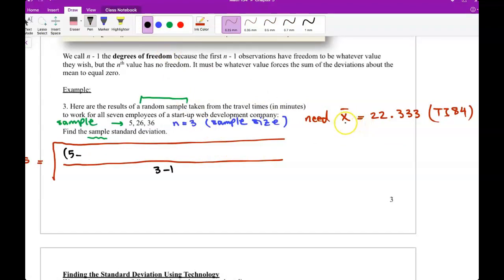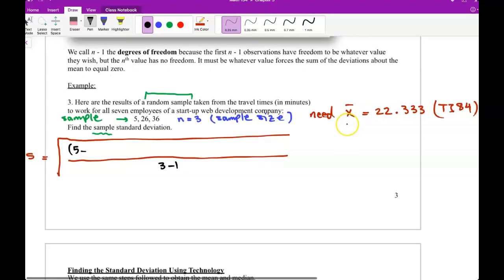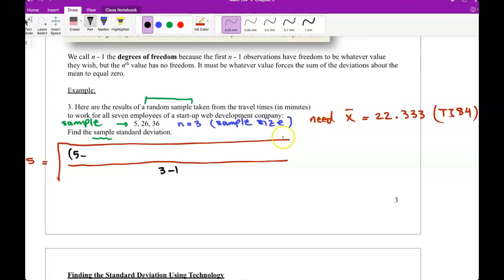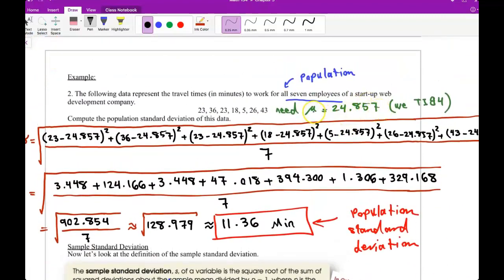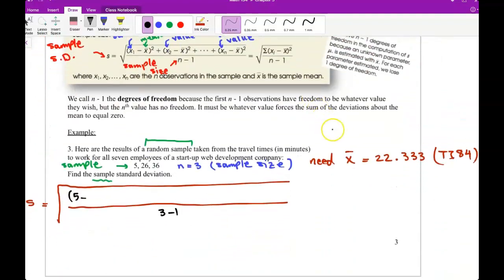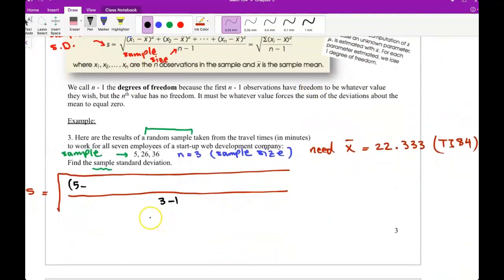Edit, enter data in first column. Again, stat, choose calculate, and the first one, 1-Var Stats, enter, you're gonna get the answer for X bar. Here, instead of mu that I had on top, which was for population, that's why I used mu, but here is sample, so I'm using X bar.